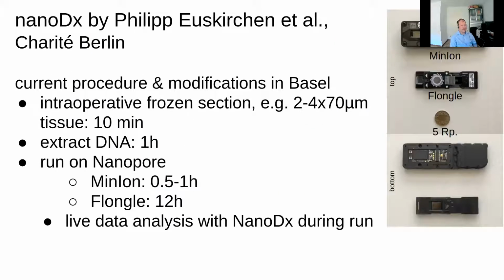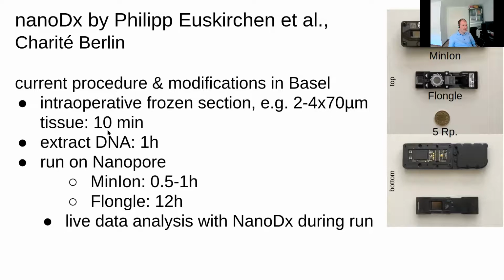Here's a benchmarking that we did before we introduced it into our routine diagnostics in 2019. So we typically work with intraoperative frozen sections. This does not work on FFPE, but we don't need FFPE anymore for brain tumors anyway. So here we take a couple of frozen sections.